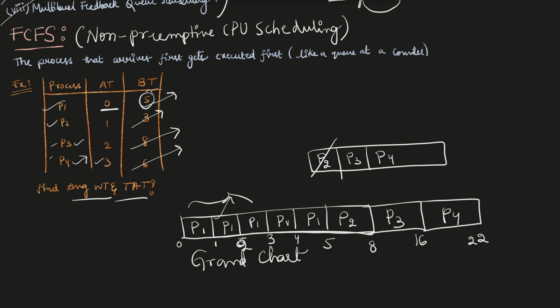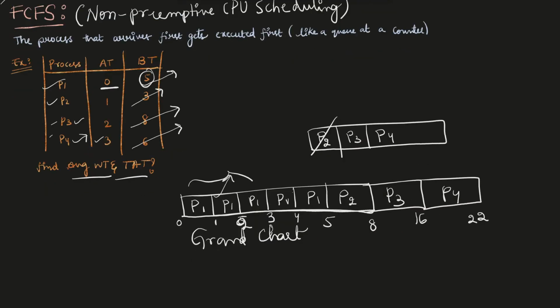Now we need to write completion time. Completion time is nothing but when the process gets completed. For writing completion time, you should always move from right to left. The first process is P4. At what time has it completed?